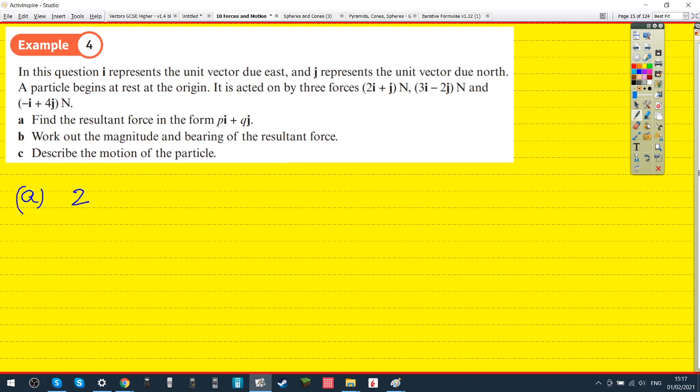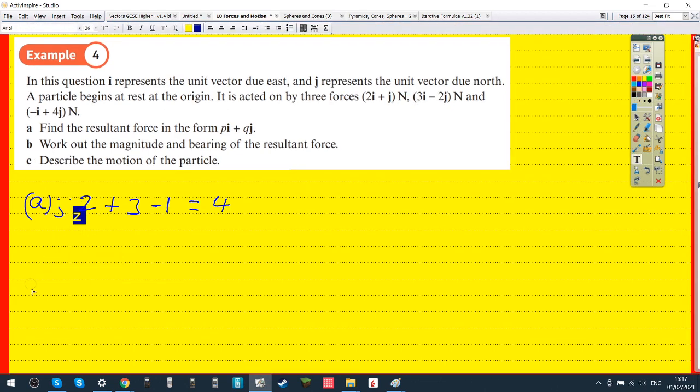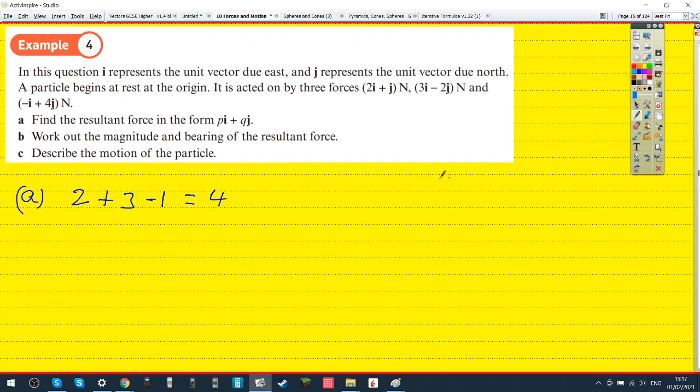So it's like 2 plus 3 minus 1. So what is that? 4. So that's the I. And the J? 3. Okay. And so its resultant force overall is 4I plus 3J as a vector.